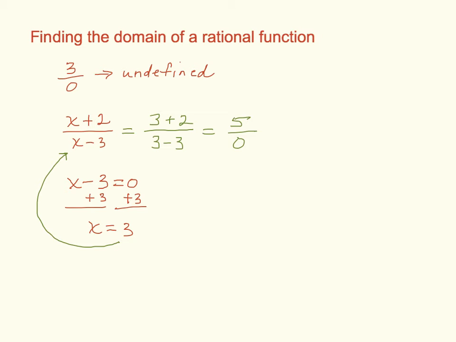Now, every number on the number line is a replacement value in the domain of this particular rational expression. But one way we write this is the domain. Let me just come over here. The domain of this expression, we write it in this manner.